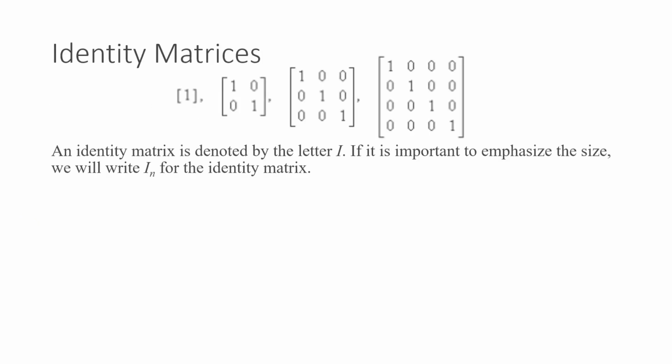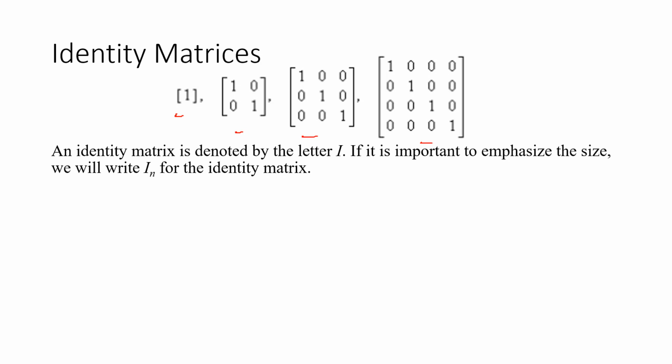Okay, so let's have the identity matrices. A square matrix with ones on the main diagonal and zeros elsewhere is called an identity matrix. So you have there the examples. So these would be the identity matrices.